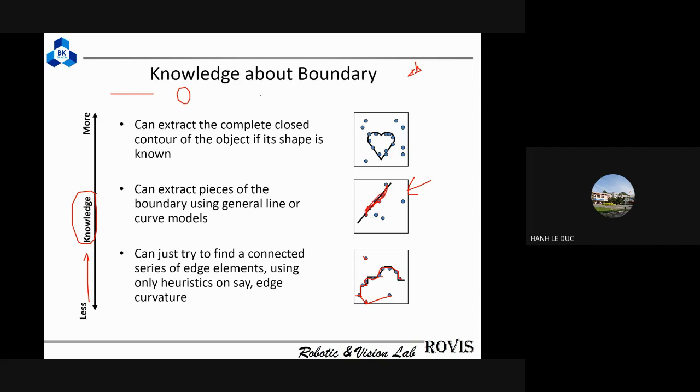And if you have more knowledge about the object you want to recognize, for example, the hut like this, then in image processing they will try to connect all the lines to form a hut like this. Okay. So this is image recognition related to knowledge.